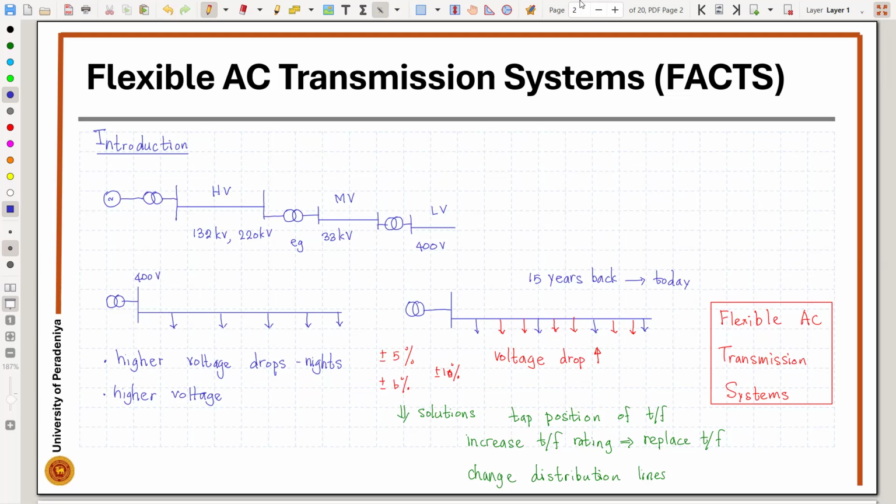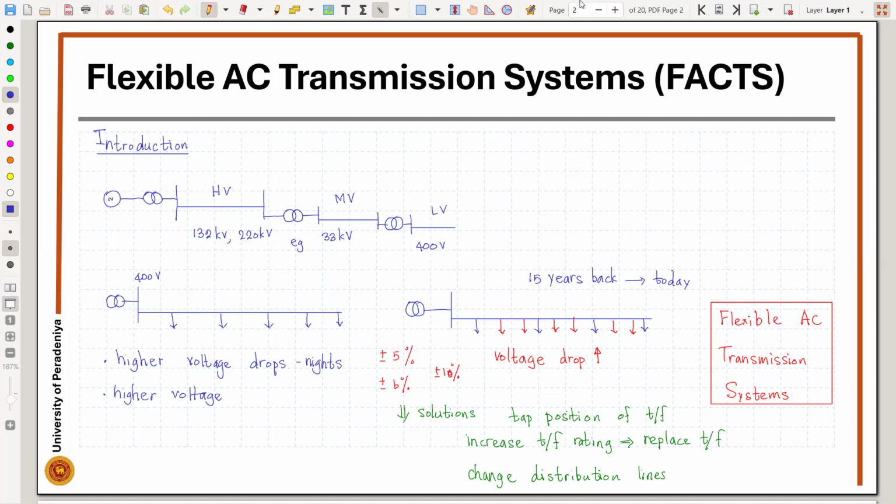So what are the options that we have to regulate the voltage, where nighttime voltage drops, light loading condition voltage increases, and for the gradual load increase, and therefore inability to support the increase in loads.